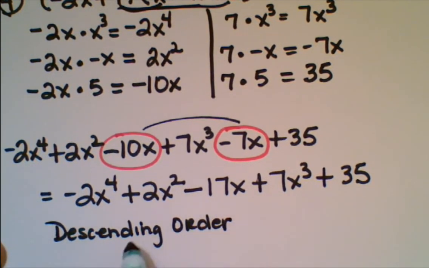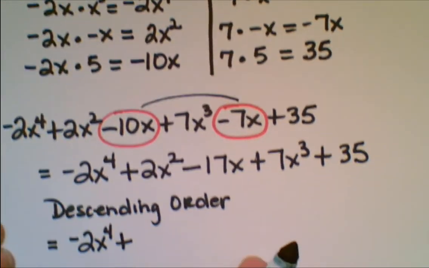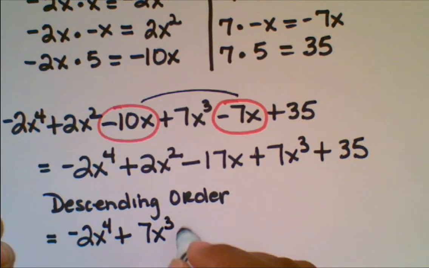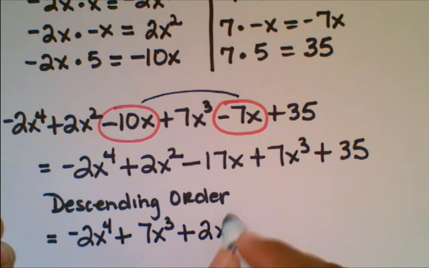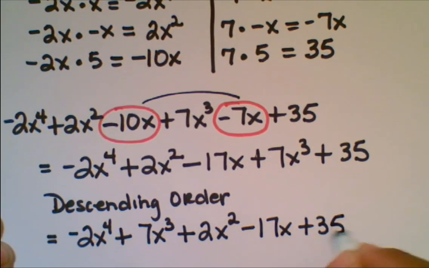So whenever you're saying descending order, we're looking at the term that has the highest degree, which is this negative 2x to the fourth, and then we go downward, descending, 4, 3, 2, 1. So in descending order, our answer would be negative 2x to the fourth plus 7x cubed plus 2x squared minus 17x plus 35.